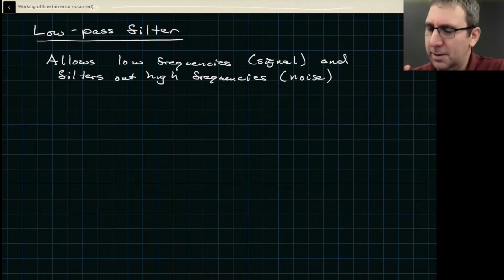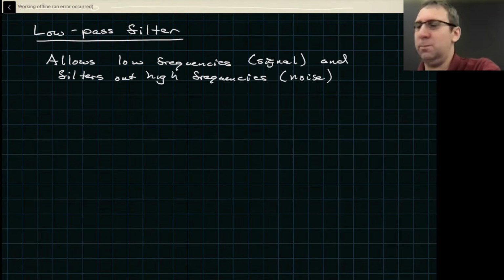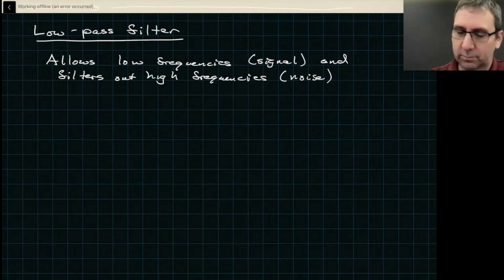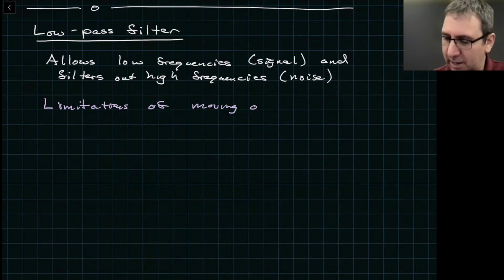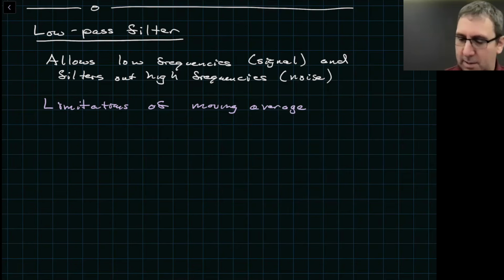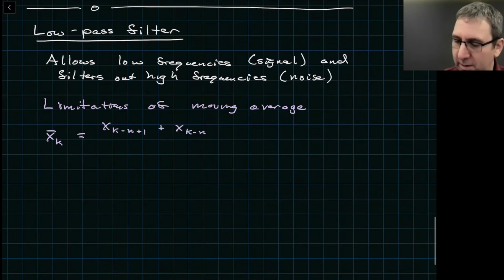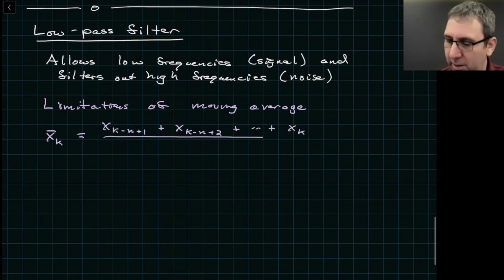We're doing this because there are limitations to the moving average. We can see that if we were to write out the expression for it, x_k, I'm just rewriting what I had: x_{k-n+1} plus x_{k-n+2} all the way to x_k, all divided by n.